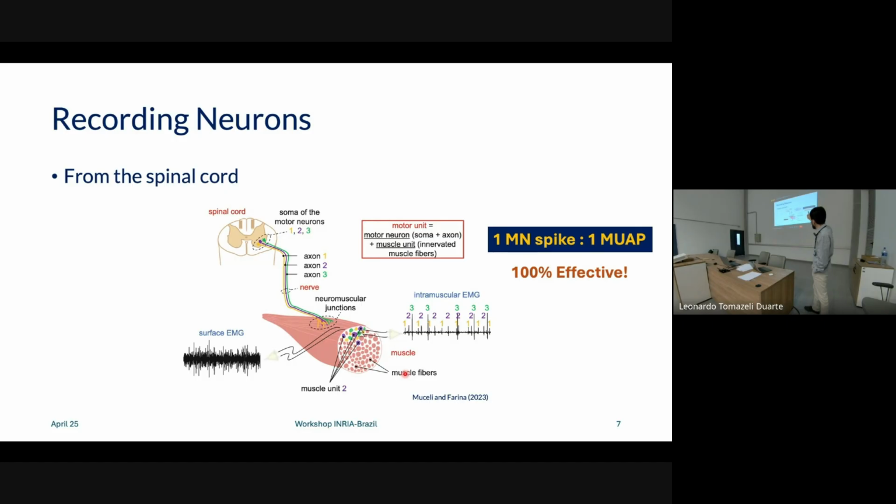When one motor neuron discharges one action potential at the spinal cord, unless of propagation delay, we have one action potential in those muscle fibers innervated by this motor neuron. So this synapse is 100% effective in normal situations or in non-pathological conditions.